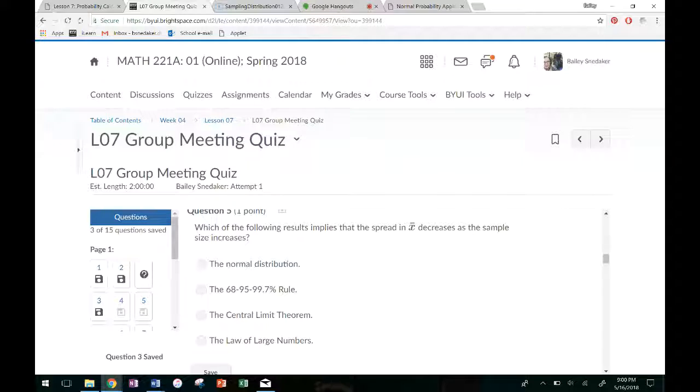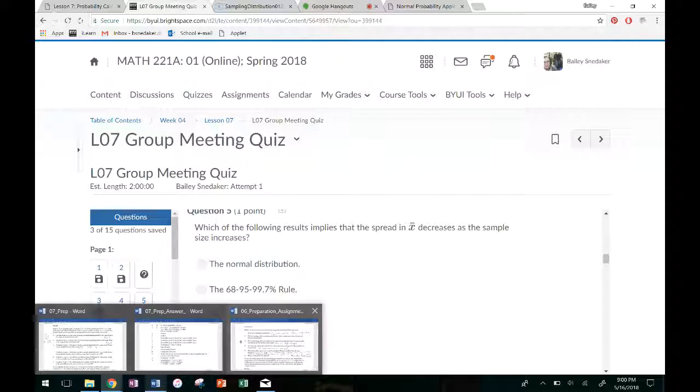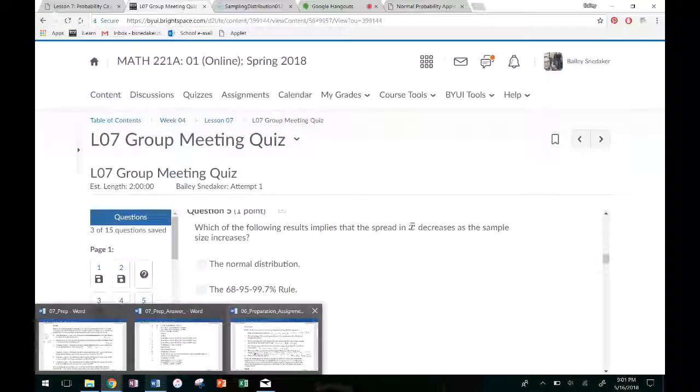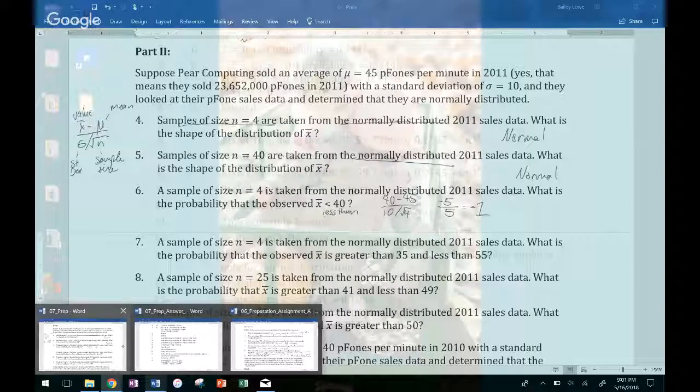Your sample size is getting bigger and all your data is getting closer together. I think so. The more it comes closer to the population mean, or 50%. The larger your sample size gets, the closer you will get to it. Right.